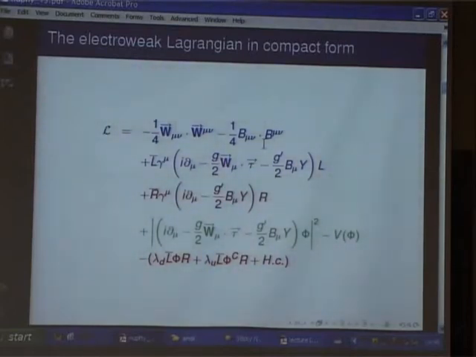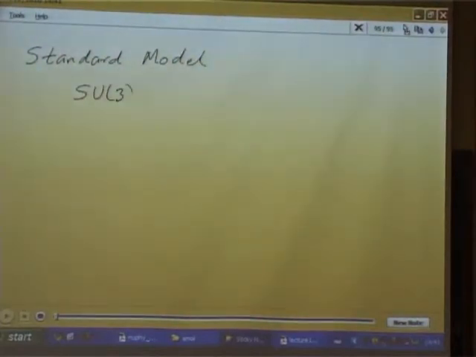Okay. So the W term, okay, so the standard model. This is not a complete standard model. The standard model is SU(3) cross SU(2) cross U(1). The standard model is SU(3) color cross SU(2) left cross U(1) hypercharge.